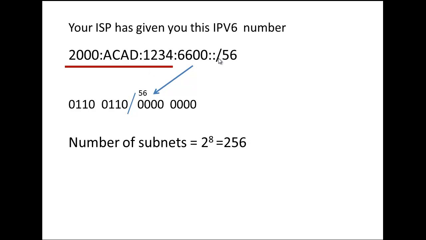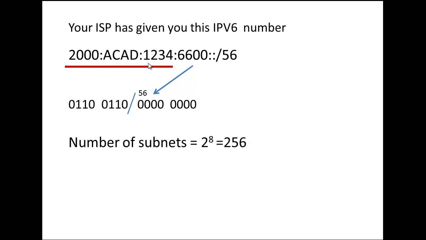So if they give you 56, you would need to borrow some bits from the fourth part, which would be the part that we subnet with. So if we took 6600 and we converted that into binary, this is what we would get. 0110 0110 0000 0000.